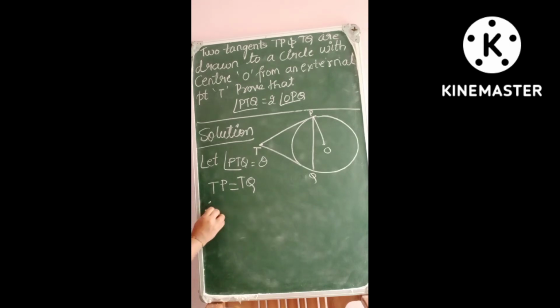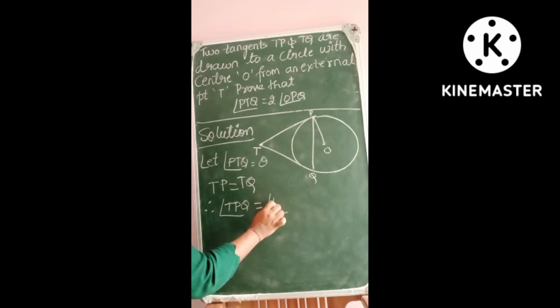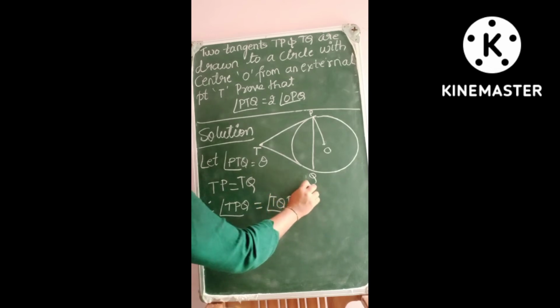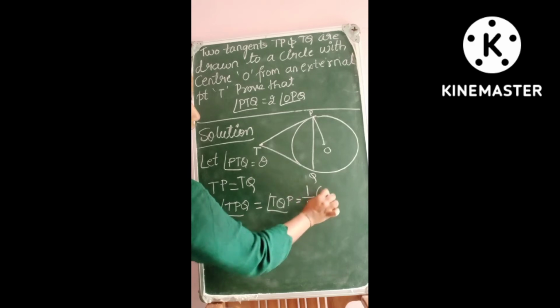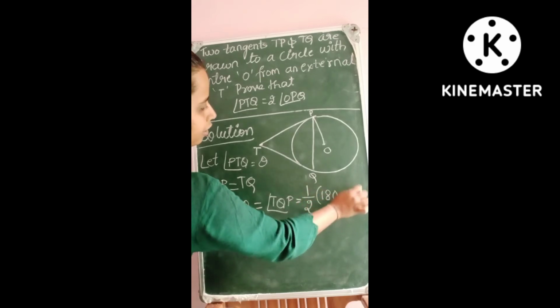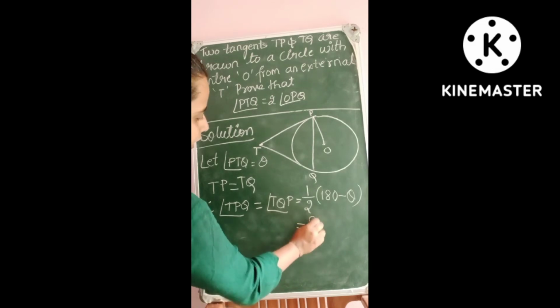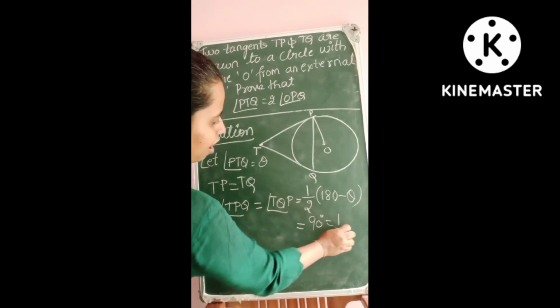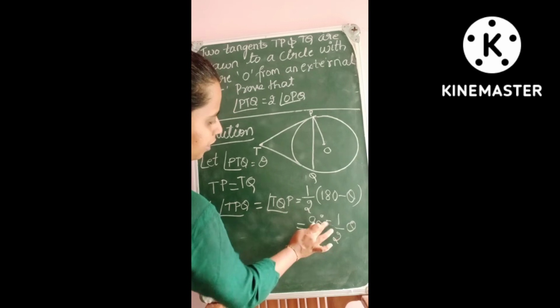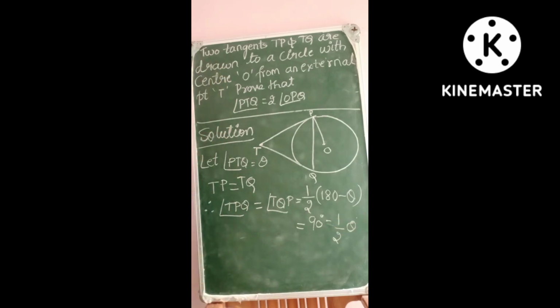Therefore, we can write angle TPQ is equal to angle TQP is equal to half of (180 minus theta). Now you divide the terms in the bracket. You will get 90 degrees minus half of theta.